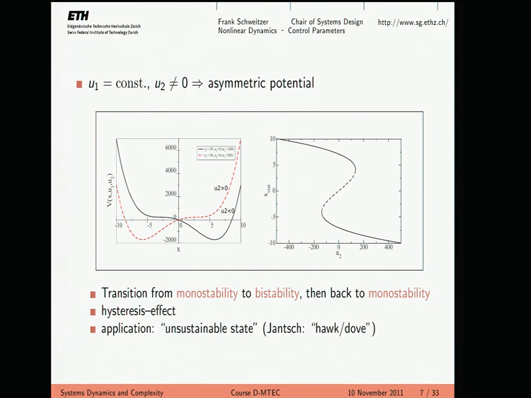And the bifurcation diagram is very interesting. Let's start with U2 at minus 200, which is basically the red curve. What it tells you is that we have only one stable stationary point at, I don't know, 7 point something, which is this one.